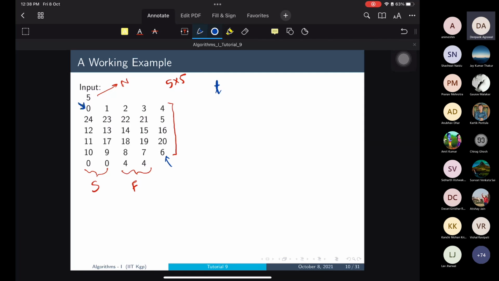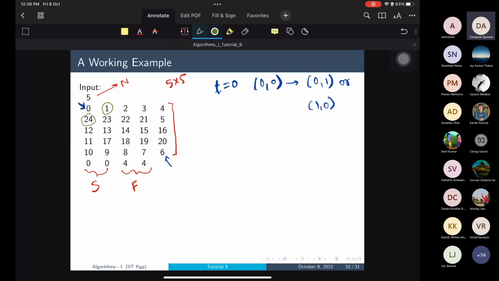At t equals 0, you are at 0, 0. Then from here you can move to either 0, 1 or 1, 0, because you cannot move in other directions as they are outside the grid's boundary. Now the elevation of 0 comma 1 is 1, and the elevation of 1 comma 0 is 24.